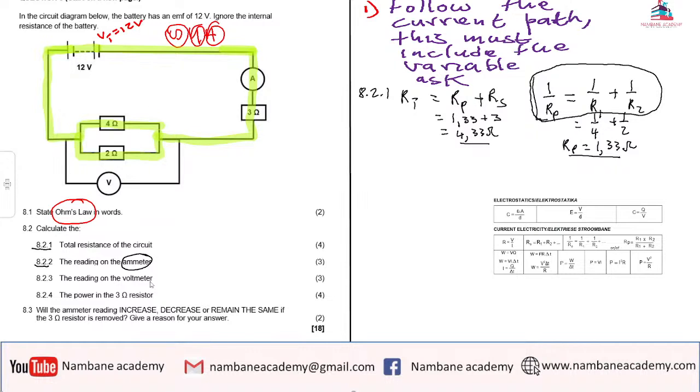So when I want to calculate the reading of the ammeter, I must use the total resistance of the circuit. Because when I check, the current passing at the 3 must be the total current of the circuit. But the current passing at the 4, because it has now divided into 2, cannot be the total current of the circuit.